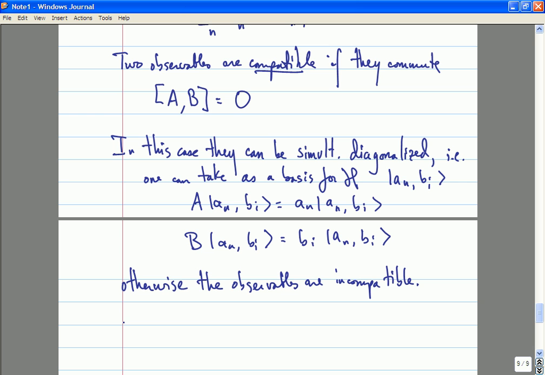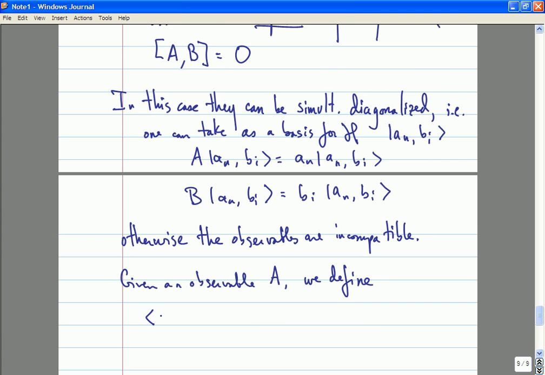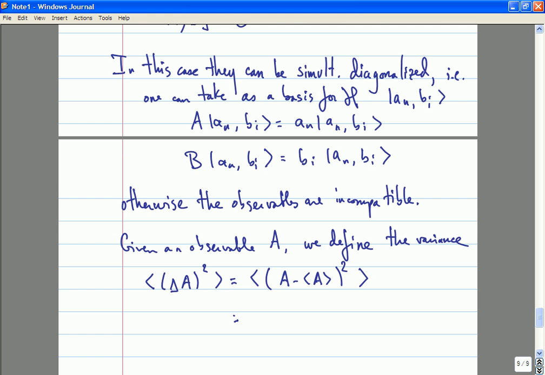So given an operator A, or given an observable A, we define the variance of that observable in a given state to be, it's usually called, the expectation value of delta A squared, where delta A is the operator, that is the difference between A and its expectation value, which one can easily check is just the difference between the expectation value of the operator A squared and the square of its expectation value.